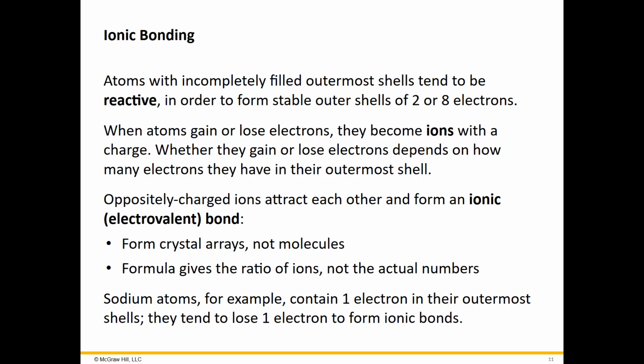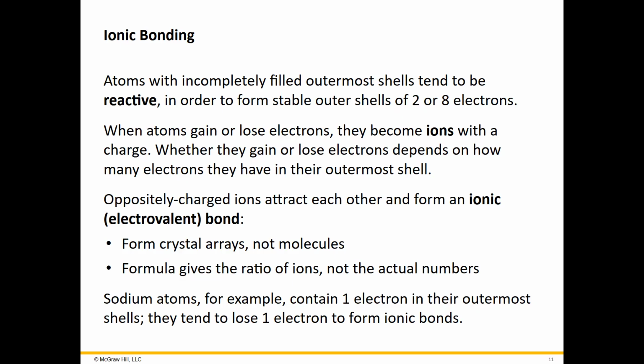Let's wait for our example. So if I have a positive ion and a negative ion, right? They're going to have a relationship with each other because they're opposite charges, they're going to attract. Now, they don't actually form new molecules. Rather, they align themselves next to each other because of their attraction, and we call that a crystal array.